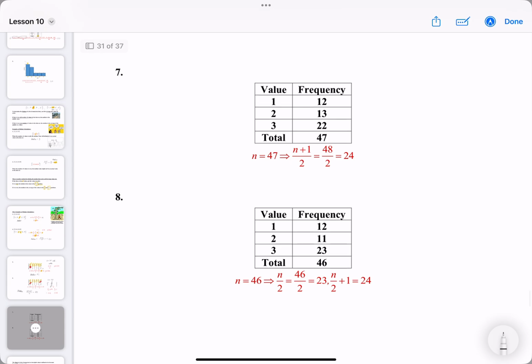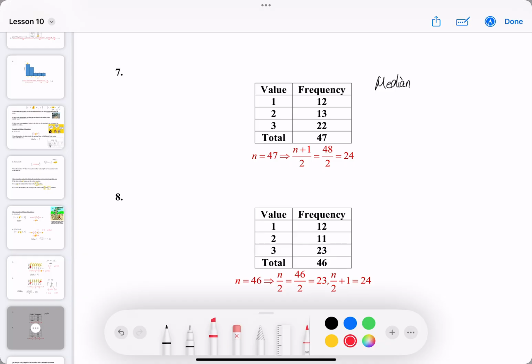Okay, let's see the next example. What is the median of this question? Looking for the median, I need to find the position number. All right, let's see this. We have 47 values in this data set. What's the meaning of this? This is an odd number.